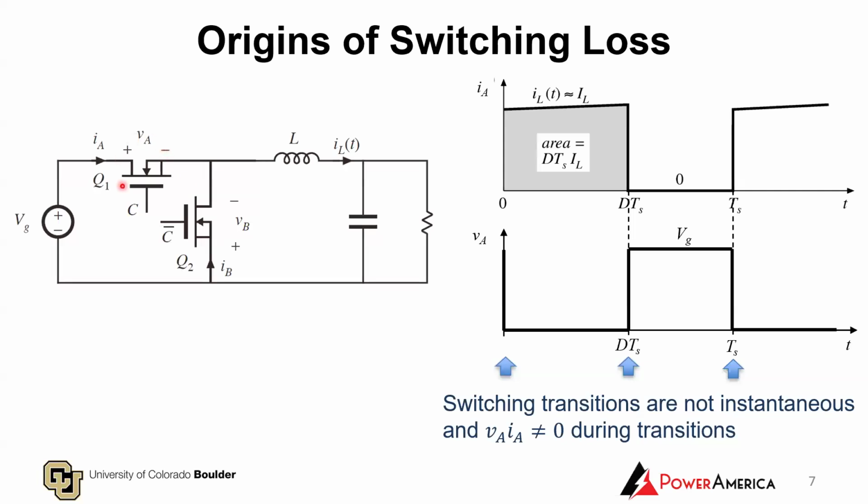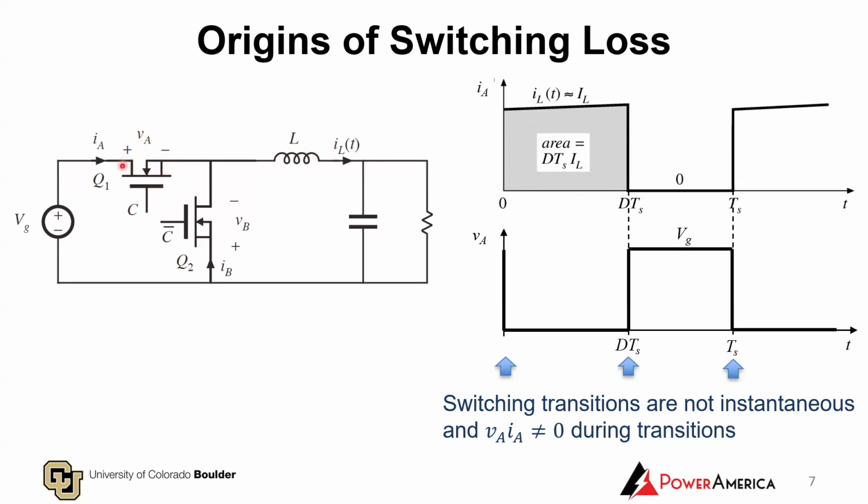So if you look at the voltage and current waveforms across, let's say, one of these components, this Q1, here we have the current going through Q1 being equal to the inductor current when the MOSFET is on, and that is the current that is going to be determined by the inductor current during the time interval between 0 and DTs. And when the MOSFET is off, then the current is equal to 0.